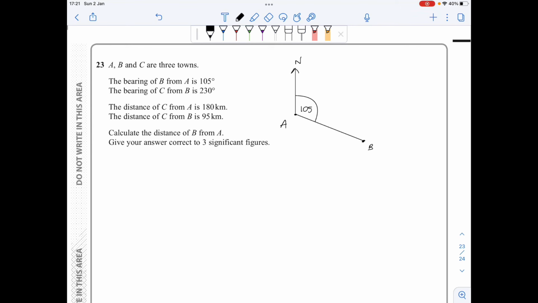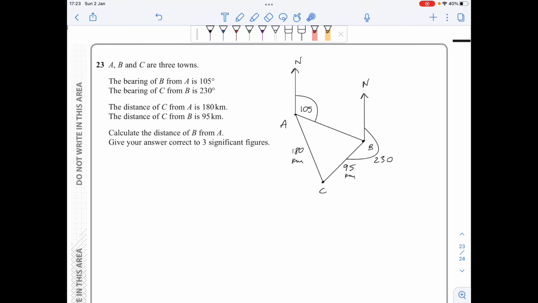Now town C is at a bearing of 230 from B. So let's make the north at B and measure an angle of 230 starting from the north and going clockwise. Let's join A to C and create a triangle and put the distances on the shape as well.